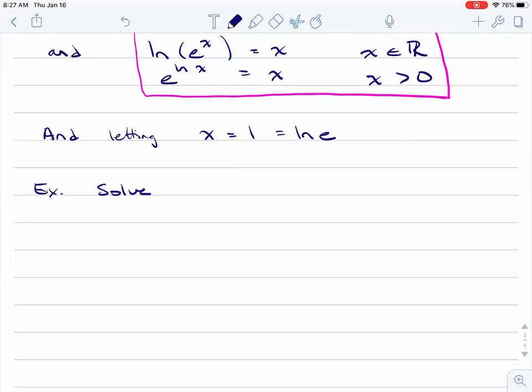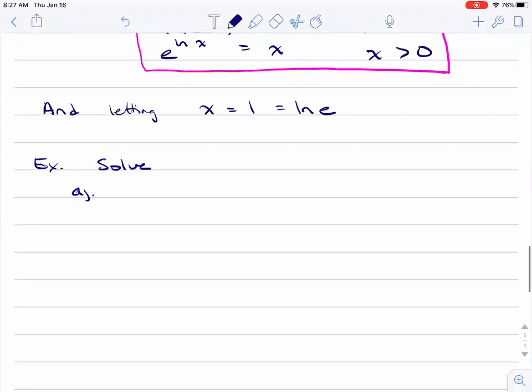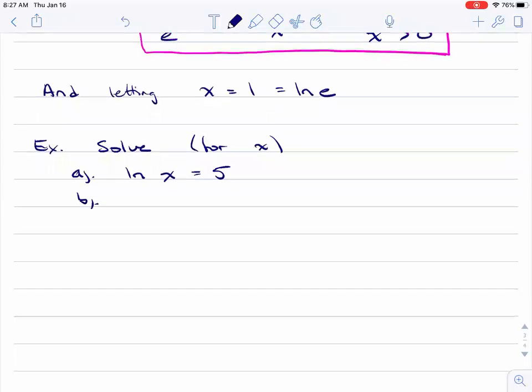Let's do an example. I'll give you a little bit of time to work on this. The first one, A: the natural log of x is equal to 5. Of course, if I say solve, I mean solve for x. B: e to the power of 5 minus 3x equals 10.